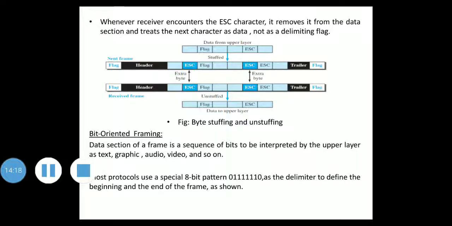Then the receiver is going to remove the escape character but keeps the next byte, which is incorrectly interpreted as the end of the frame. So is it clear? End of the frame.